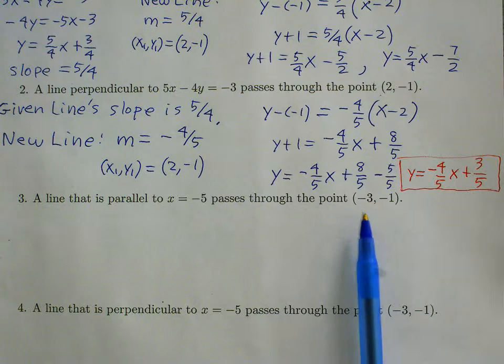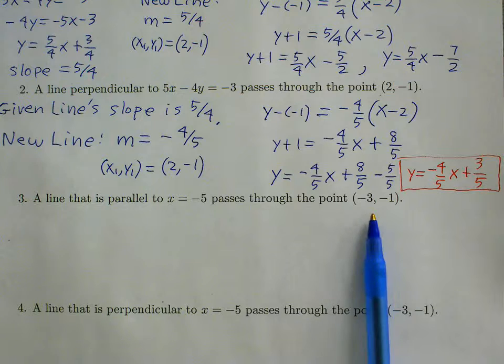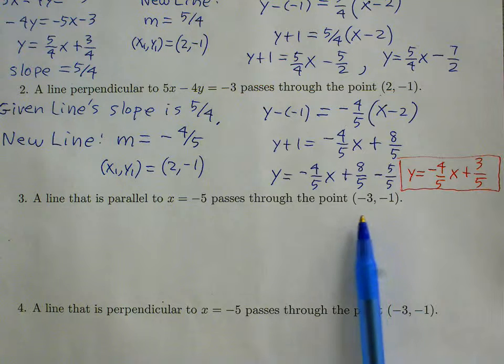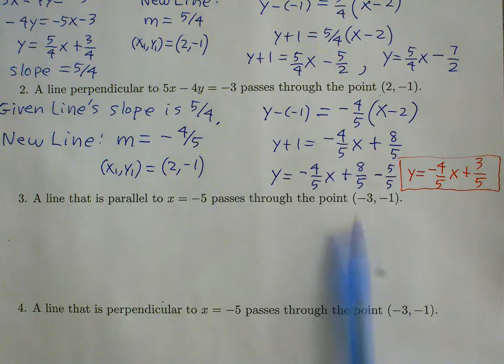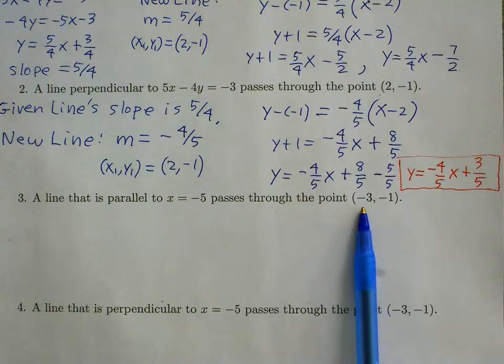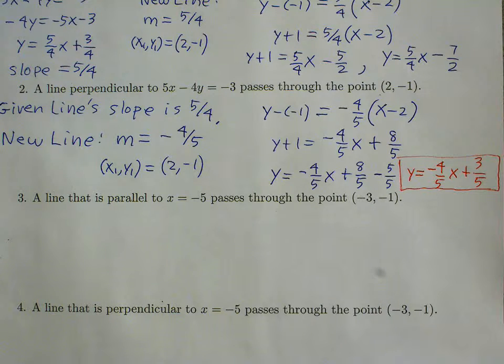So therefore, we conclude that the equation of the vertical line that passes through -3, -1 is x equals -3, right? X equals the x coordinate.